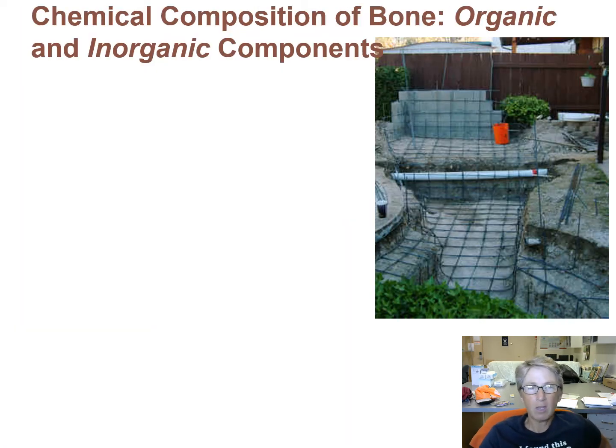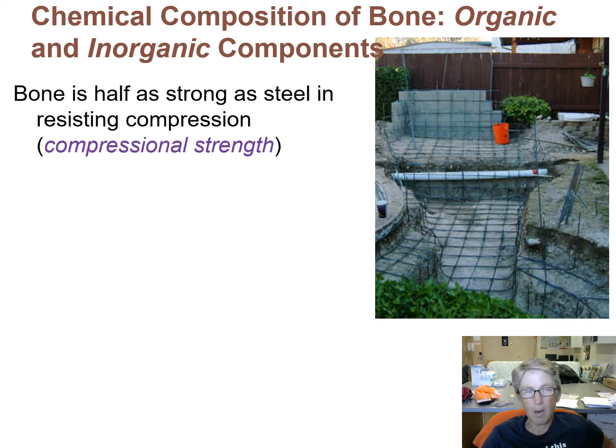So now let's look at the chemical composition of bones, the organic matrix, or the organic component, and the inorganic component. And we're going to use building a concrete wall as an example to think about bone. Just a couple of fun cocktail facts about bone. Bone is half as strong as steel in resisting compression.